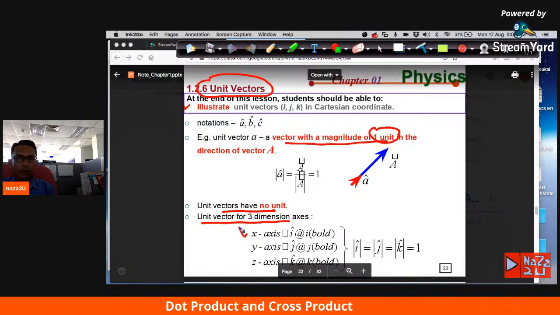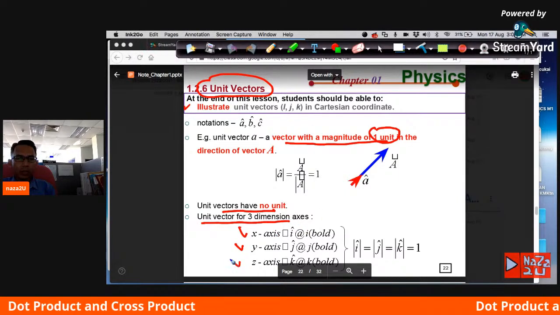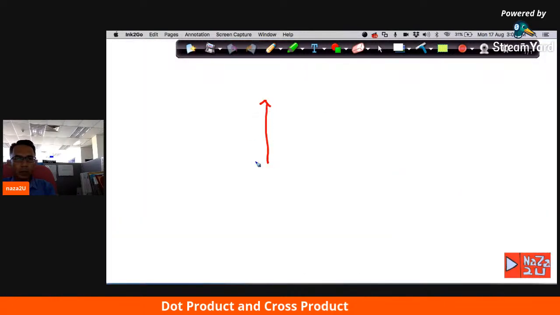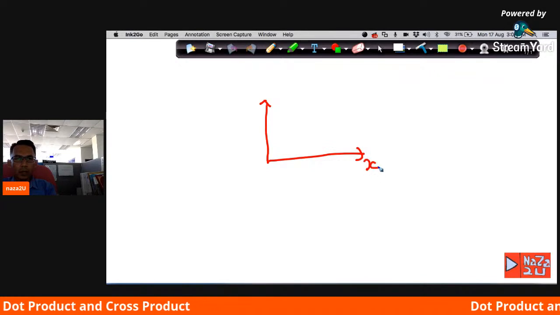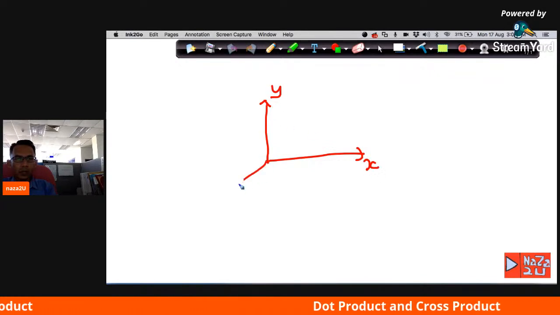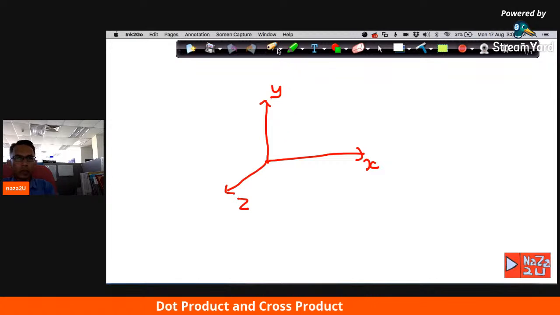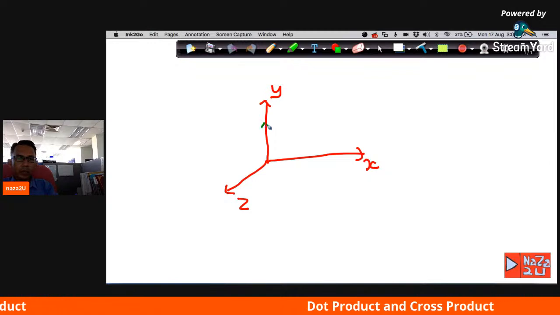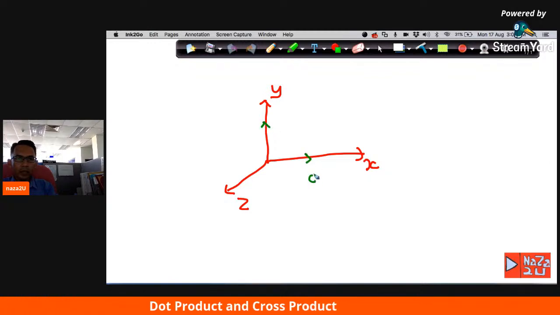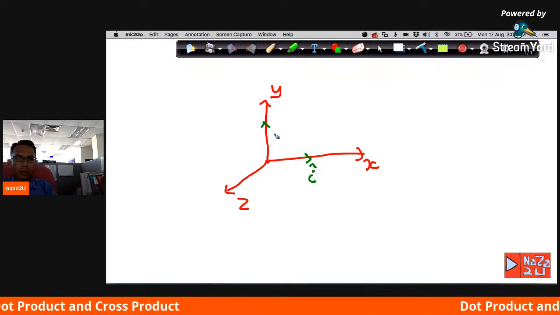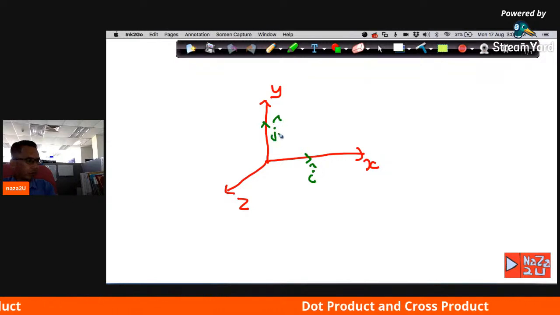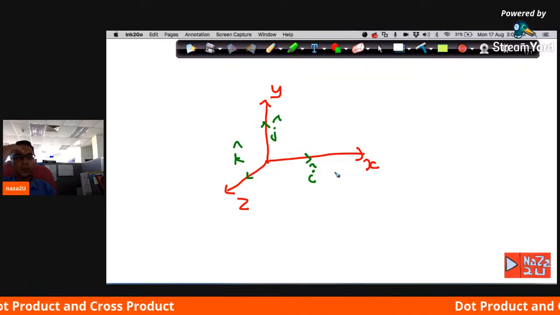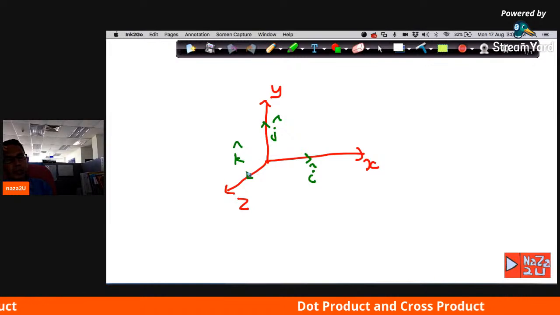We have the x axis, y axis, and z axis. For these axes, we have i, j, and k. The unit vectors for the x-axis, y-axis, and z-axis.